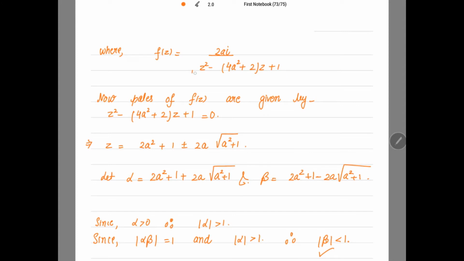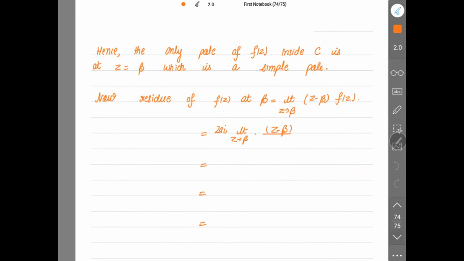There is no leading coefficient, so I just put this into factors as (z minus alpha) into (z minus beta), simple. These are the two factors for this polynomial, so I am putting here (z minus beta) into (z minus alpha). So these two are cancelled out. 2a iota, putting the limit, 1 over beta minus alpha.